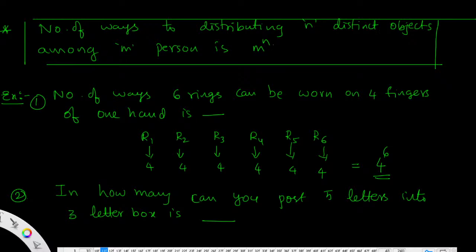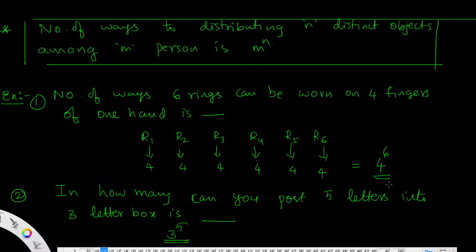Three power 5. So 3 power 5 is the answer. 5 letters, 3 letter boxes, each letter having 3, 3, 3, 3, 3 choices. So that is 3 power 5.